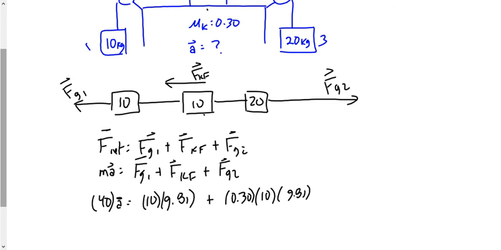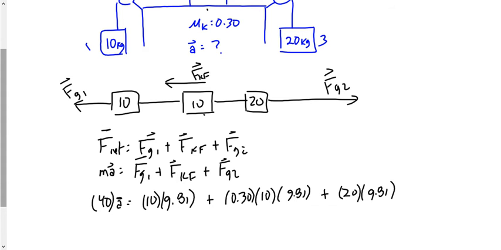We're on a flat horizontal surface with no upward or downward acceleration, at least on that object. And then we're going to add to that the force of gravity on the third object, 20 times 9.81. Now, where's the mistake or mistakes here?